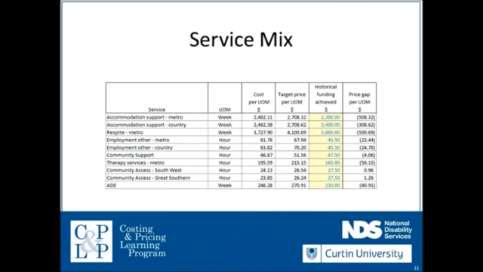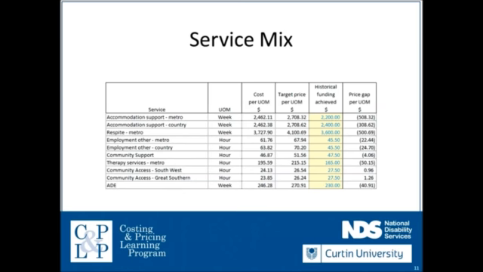The issue is not necessarily that you're delivering a service that is delivering a negative target price gap, but the quantum of services that you deliver in that category as compared to the quantum of services you deliver that deliver a positive price gap.